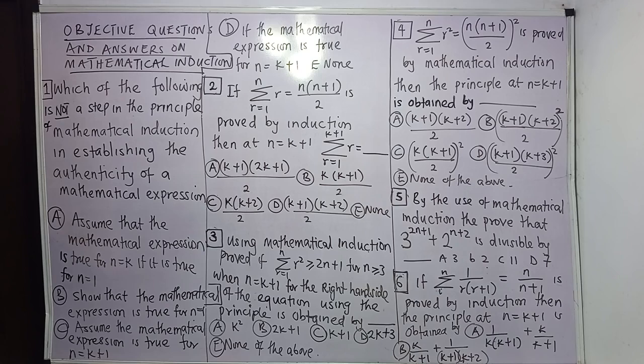That is correct. B says show that the mathematical expression is true for n equal to 1. I think that's also correct. C says assume that the mathematical expression is true for n equal to k plus 1. No, you show that it is true for n equals k plus 1. I think now it's wrong.